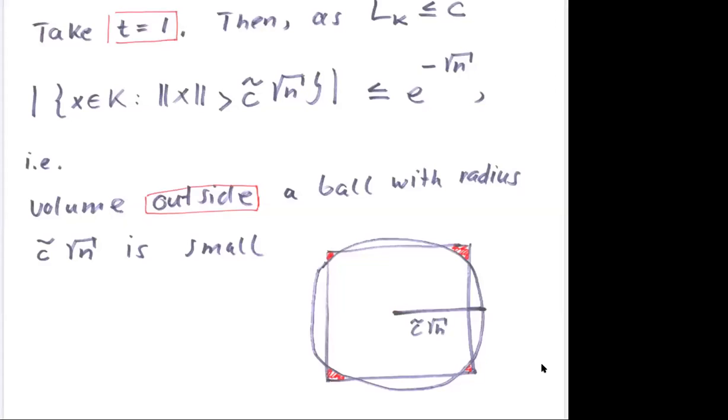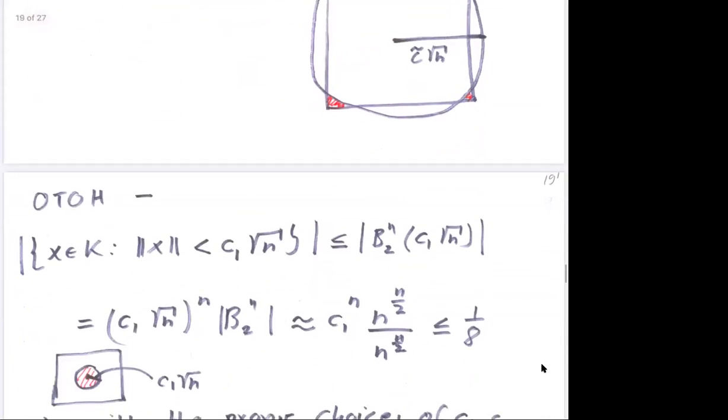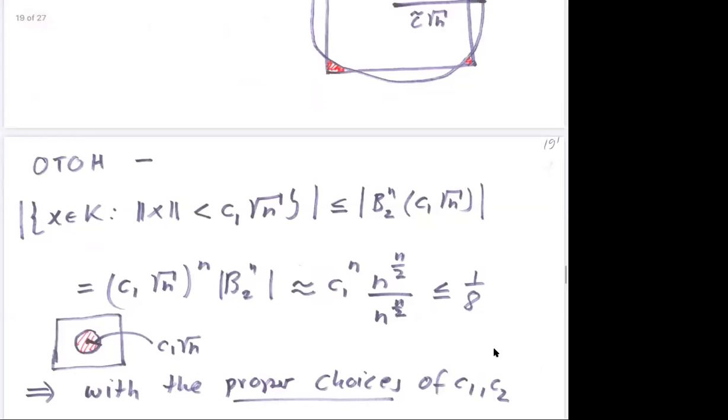On the other hand, we look at the volume of all those x in K for which the Euclidean norm is smaller than an absolute constant C1 times root n, where C1 we will choose appropriately.